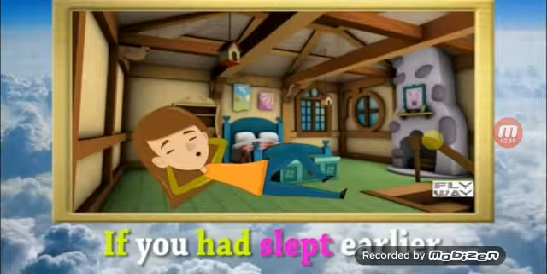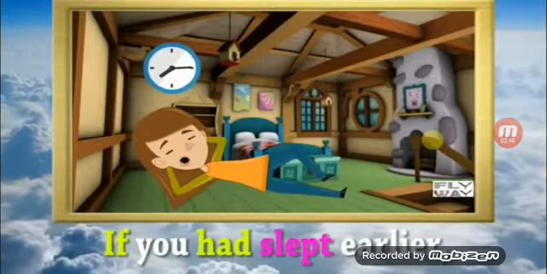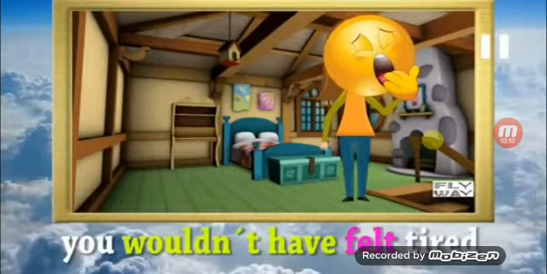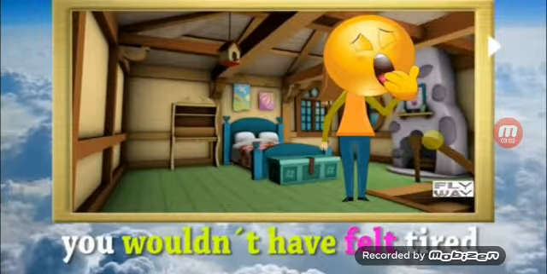You slept late. But we imagine if you had slept earlier, this is the first action, this is the imagination of us. What is the result? You wouldn't have felt tired. This is a past result.